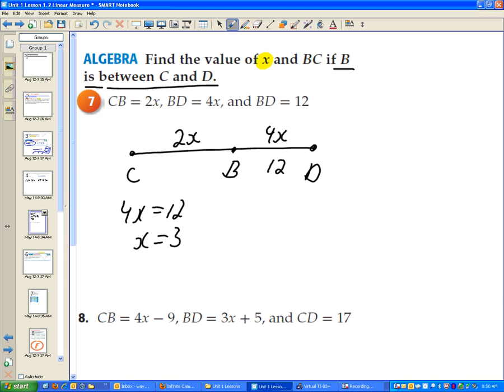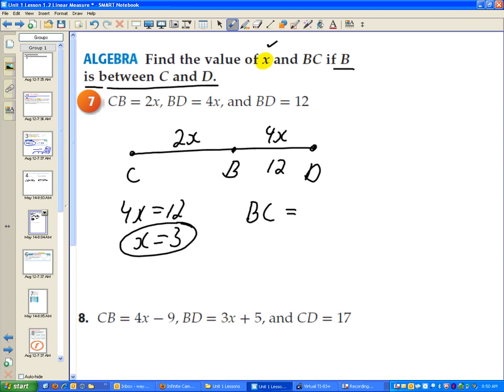They haven't given us any units, so I don't know what the unit would be, but x equals 3. I've done the first part. Now I'm supposed to find the length of BC. I'm going to circle that. You don't have to circle your answers. I usually don't, but I will now. That's my first answer.